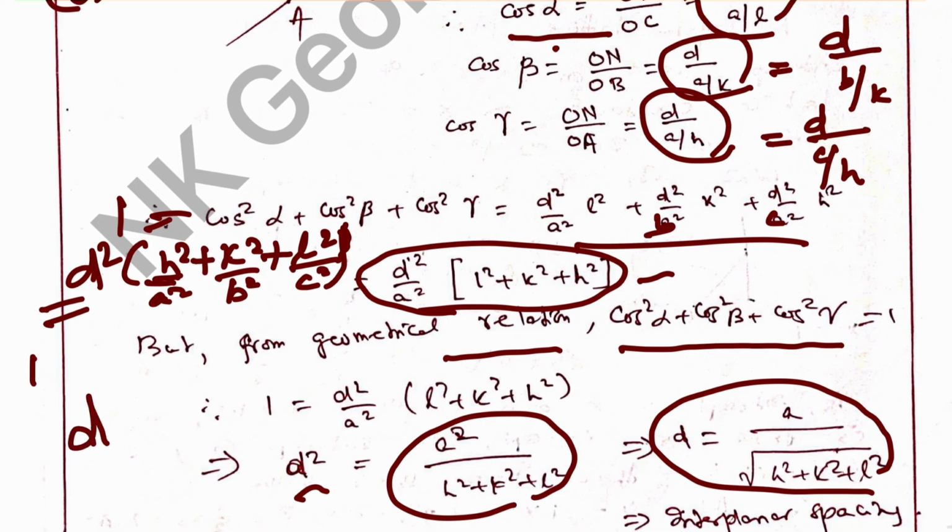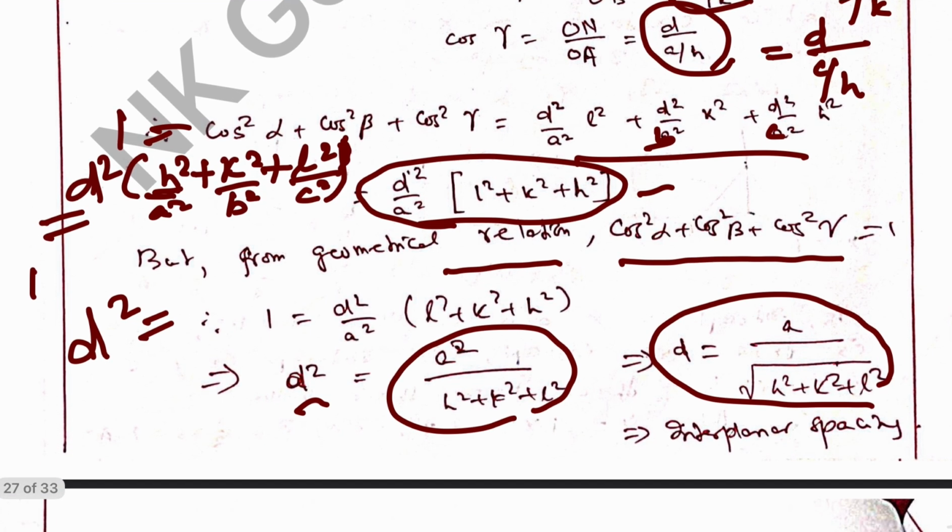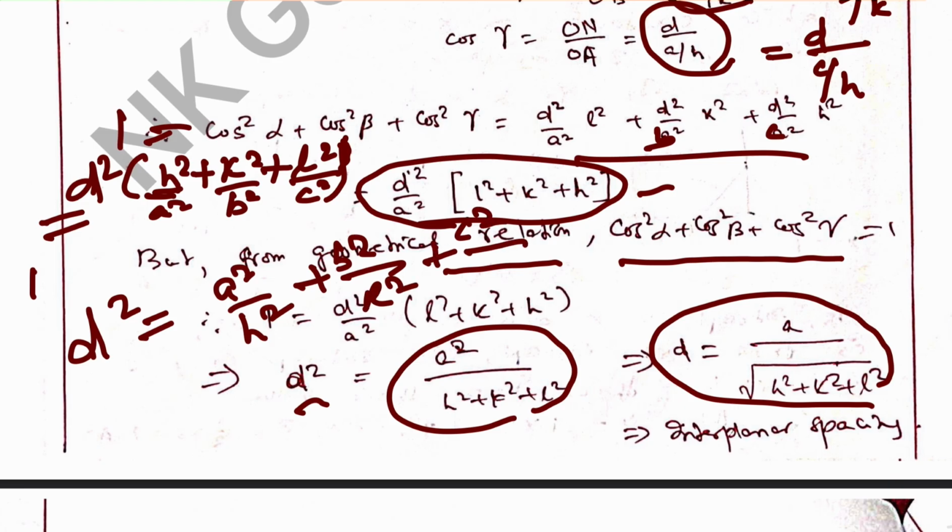So D square will be A square by H square plus B square by K square plus C square by L square.